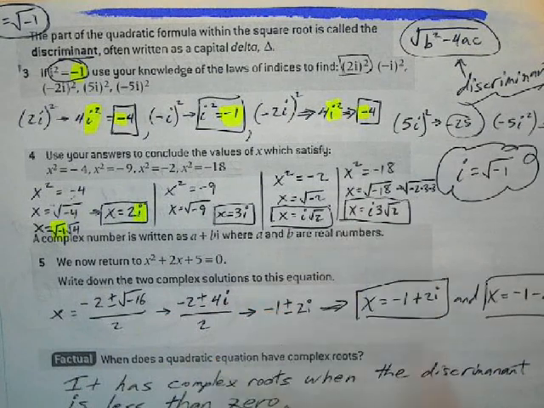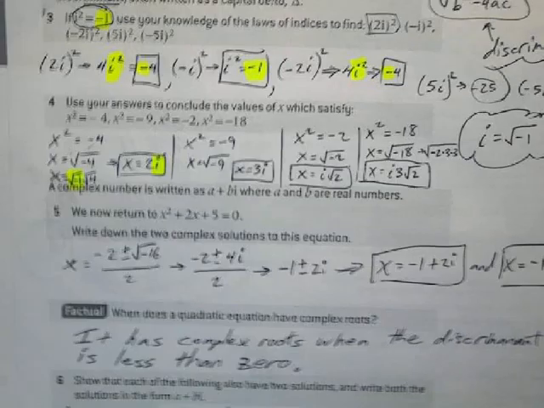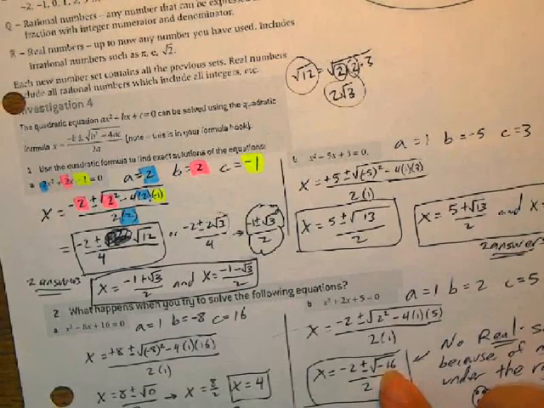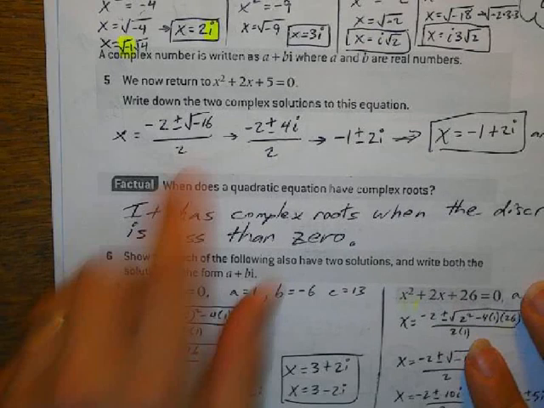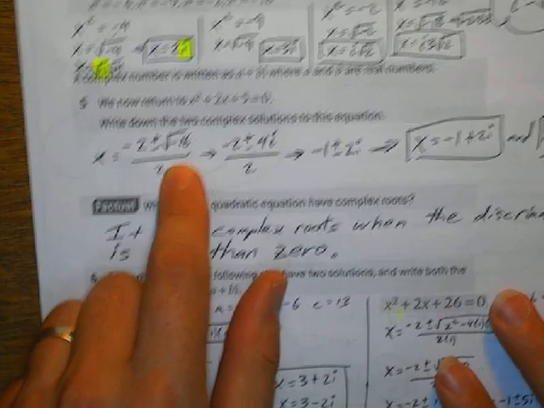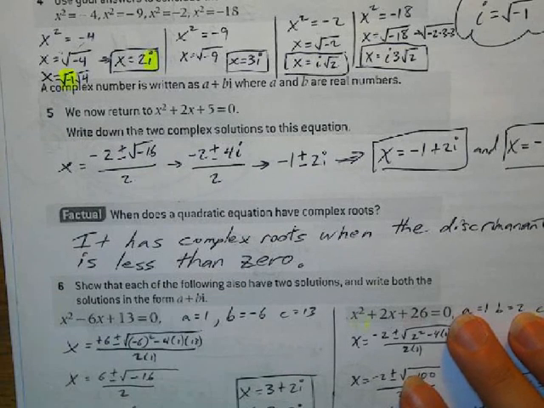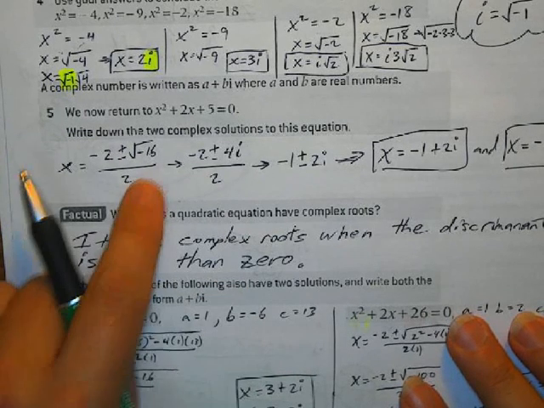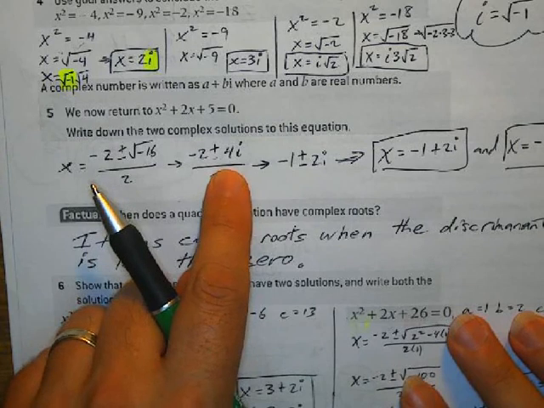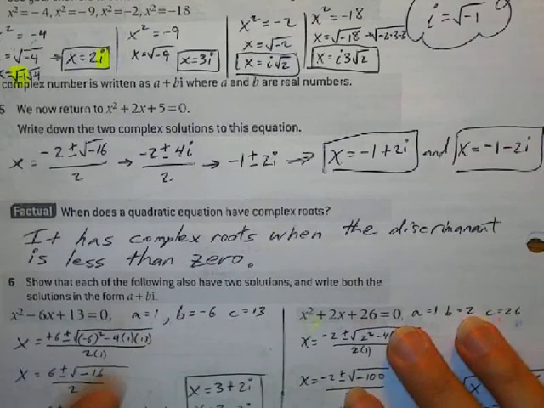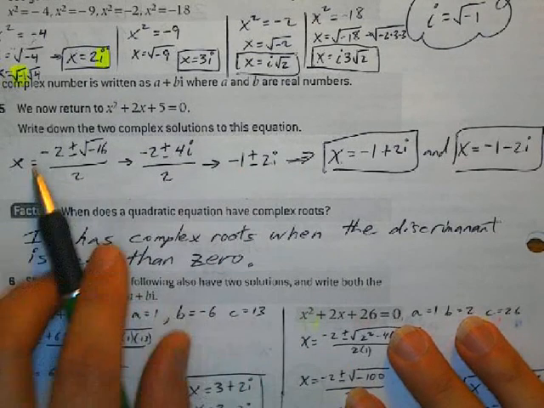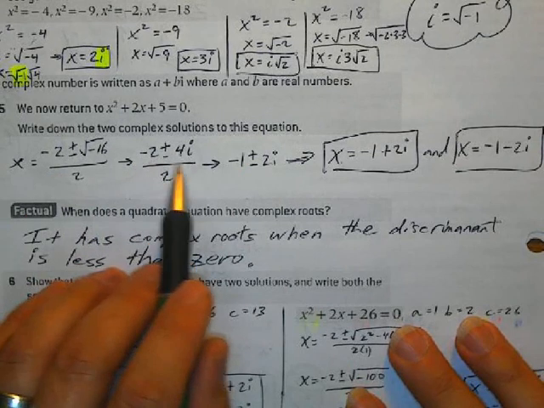Okay. So now we're going to go back to the earlier question B, the one with our sad face, right? So we can say that the square root of negative 16 is equal to 4i, and so now I've got negative 2 plus or minus 4i divided by 2.